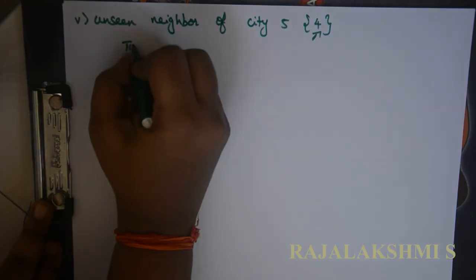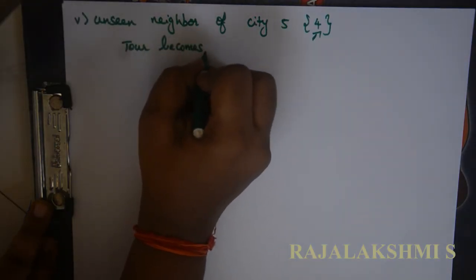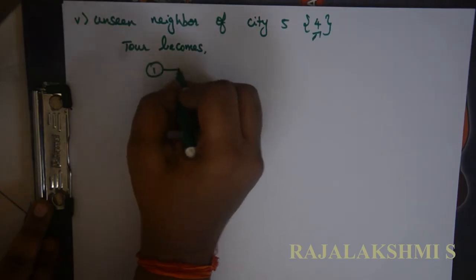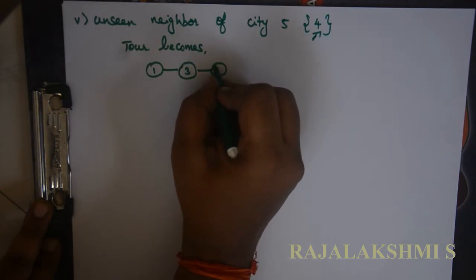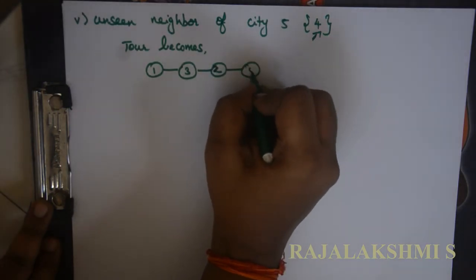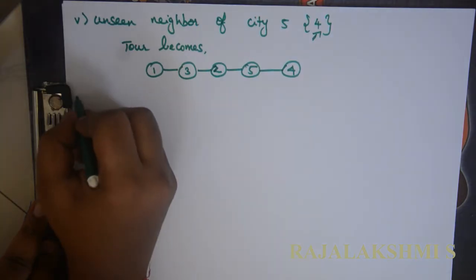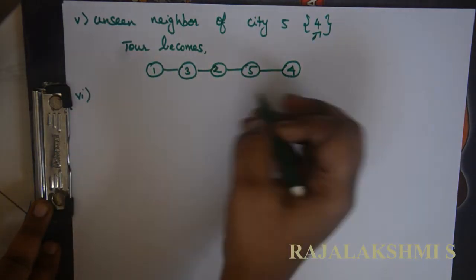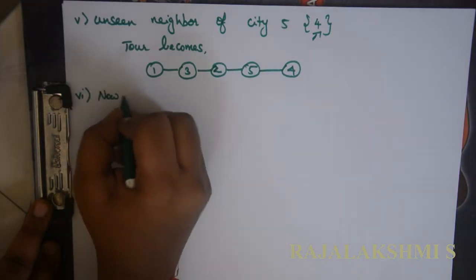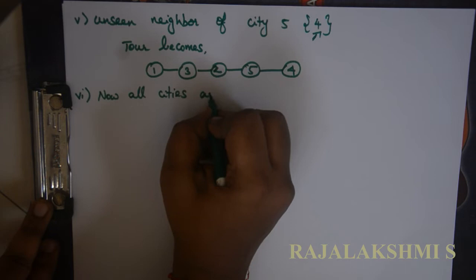So now the tour becomes 1 to 3, 3 to 2, 2 to 5 and 5 to 4, right? Okay. Now we are at the city 4. Now all the cities are visited.